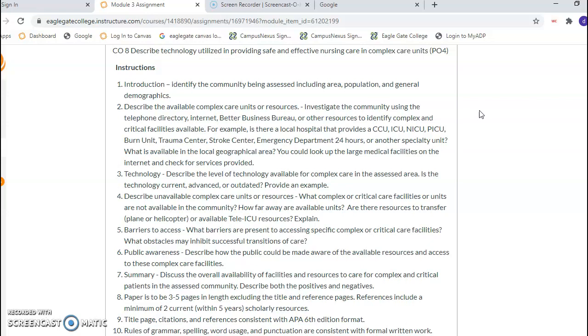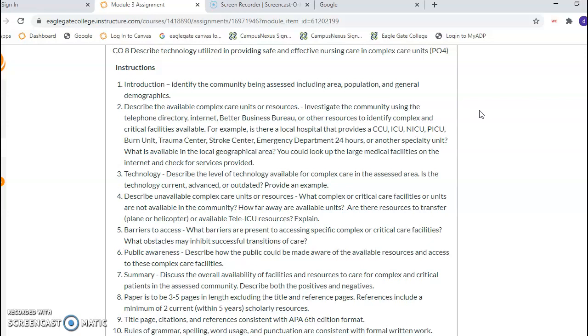You can use the internet, websites are good, information from the Chamber of Commerce, wherever you can find information about what the community has to offer as far as critical care units. Critical care units include ICU, CCU, NICU, PICU, burn units, trauma center, stroke center, anything like that, any specialty area.